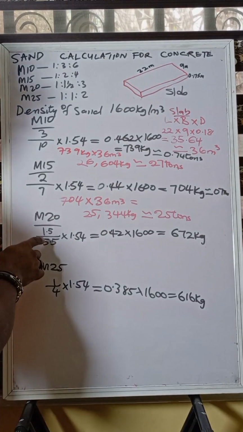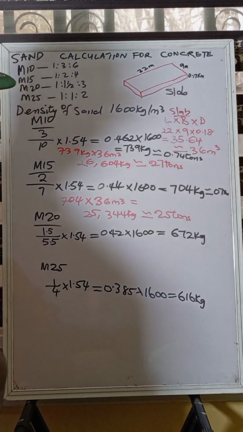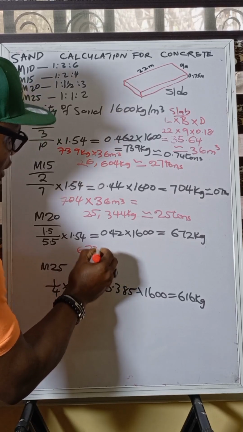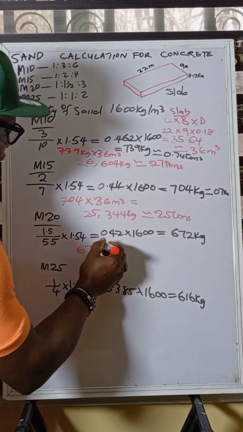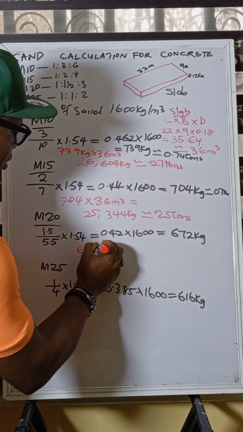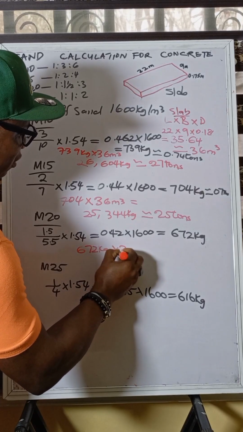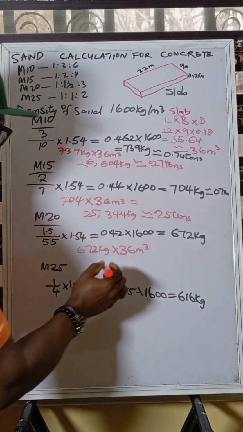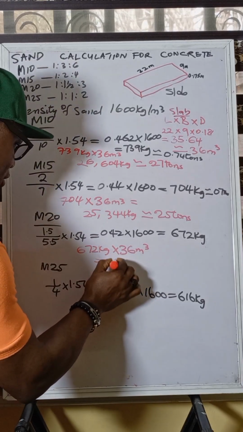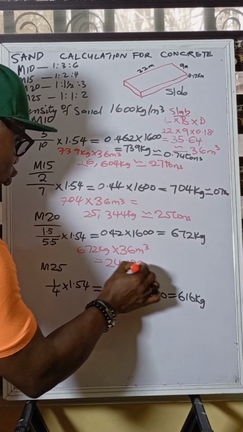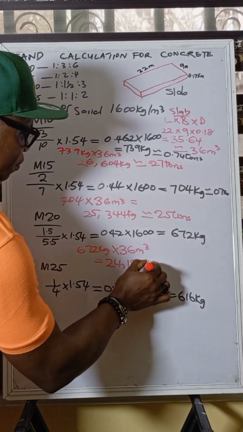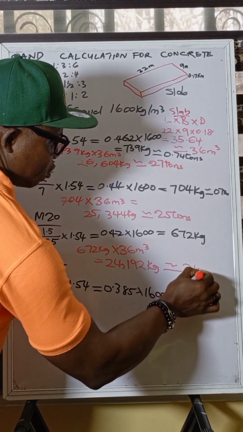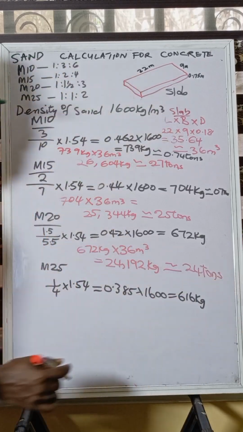While for M20, it will require 672 kg per cubic meter multiplied by 36 cubic meters. So what will be required here will be 24,192 kg for 36 cubic meters, approximately 24 tons of sand.